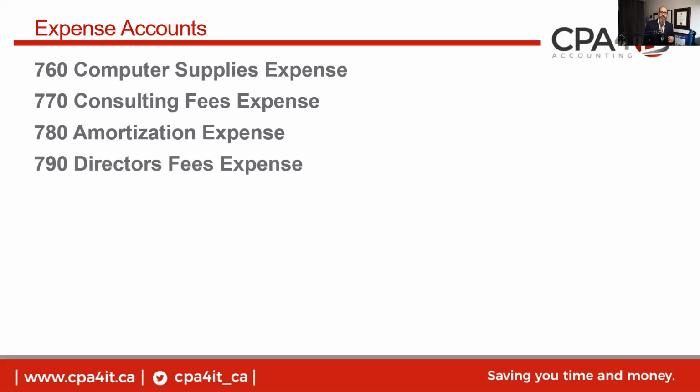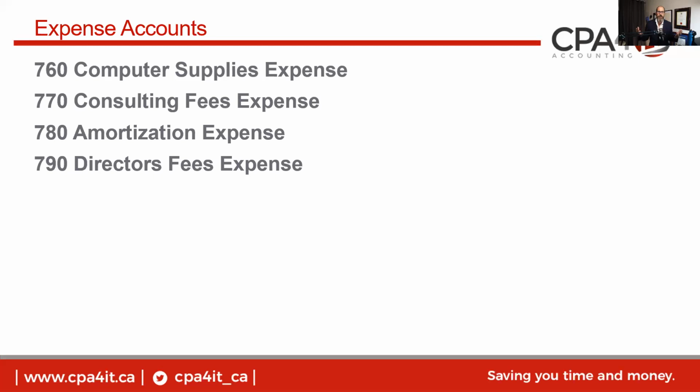Your director's fees expense, again, this is a category typically used only by us. The way it works for most of our clients is as you take out money throughout the year, we will consider that a loan from the corporation. At the end of the year, we will look at how much money you took out of the corporation, less how much money you used of your own money to pay for deductible business expenses.